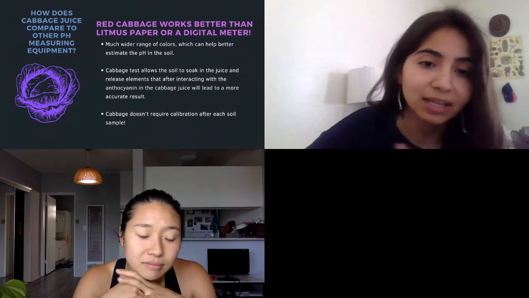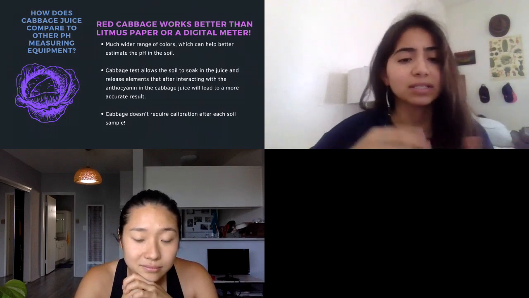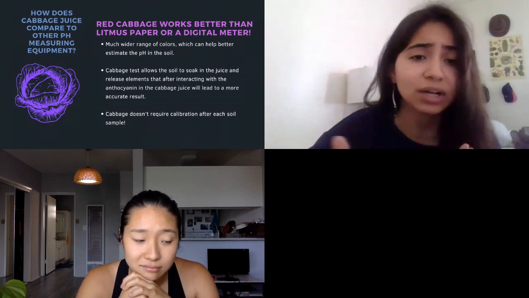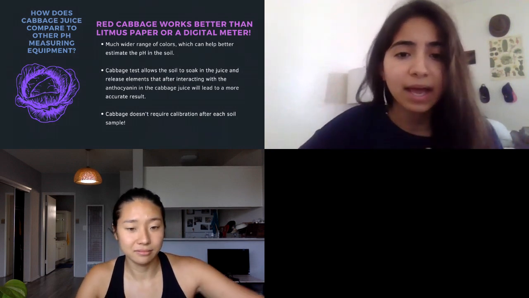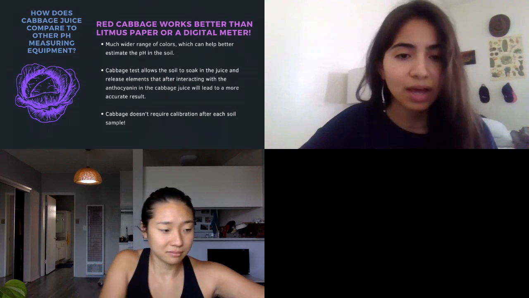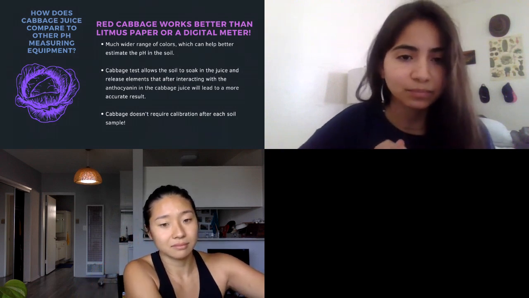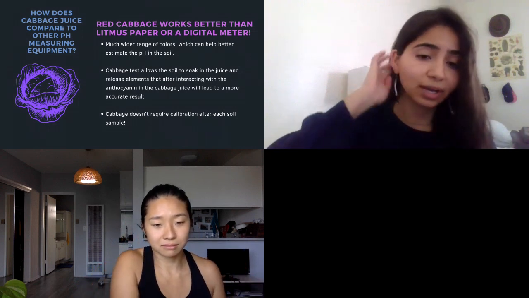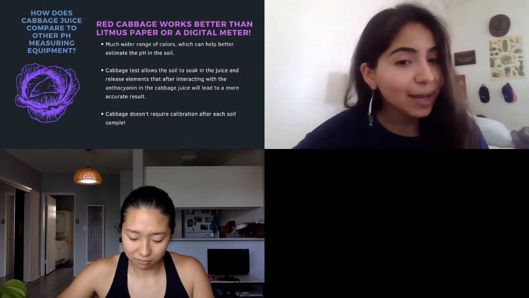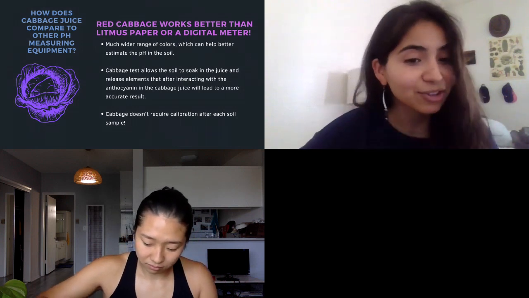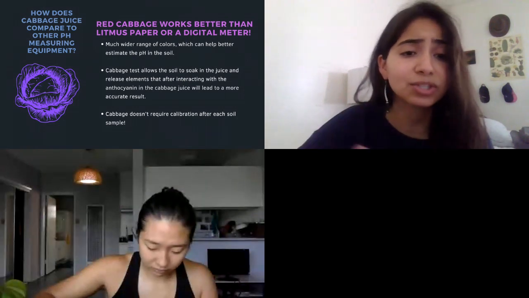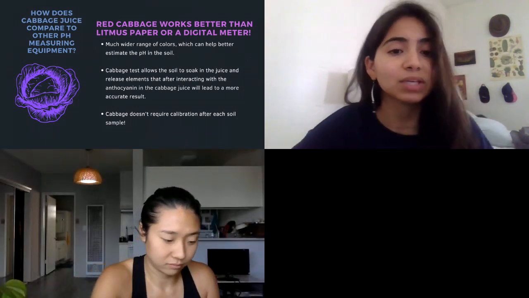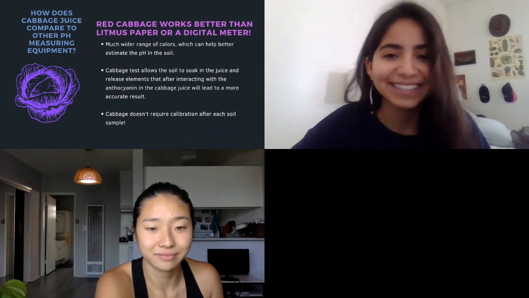And additionally, the cabbage juice provides a much wider range of colors, which can give us a better estimation of the pH in soil. And due to its interaction with the anthocyanin, it can create a more accurate result. And cabbage juice doesn't require calibration after each soil sample, which is typically seen with very expensive digital meters used to determine pH. So it's a win-win.